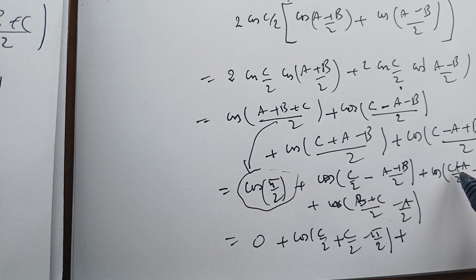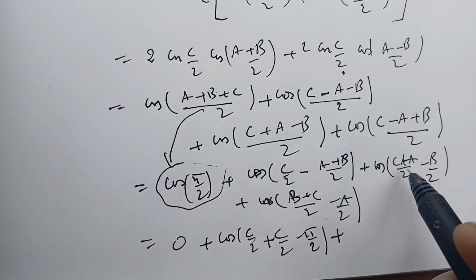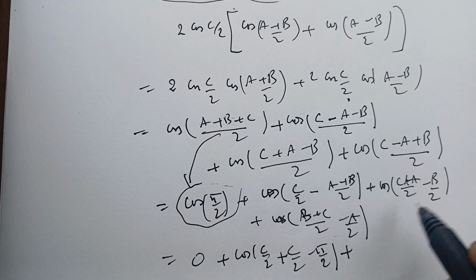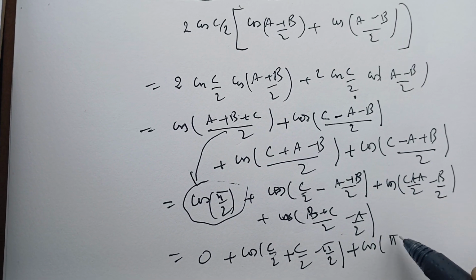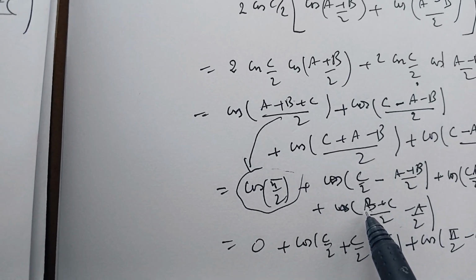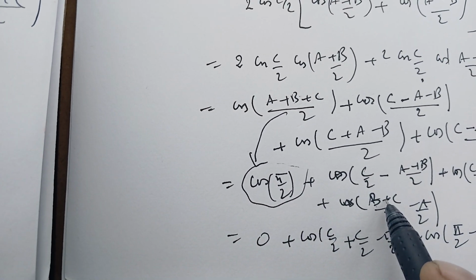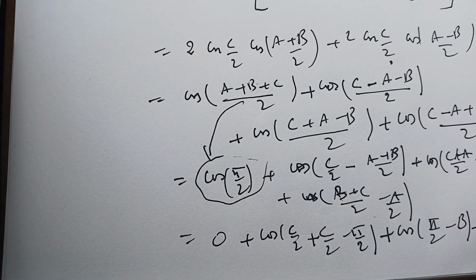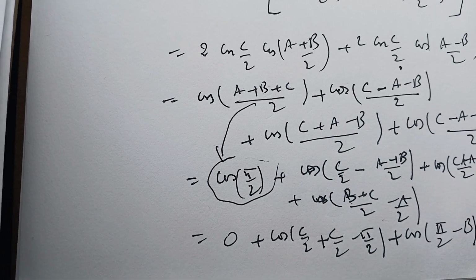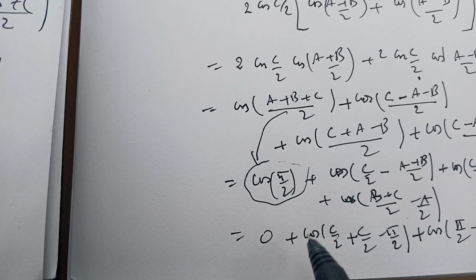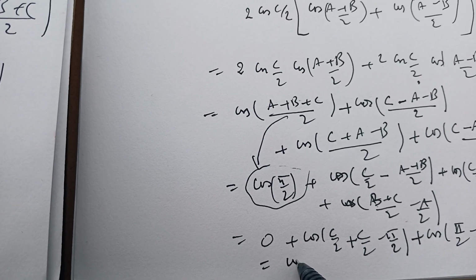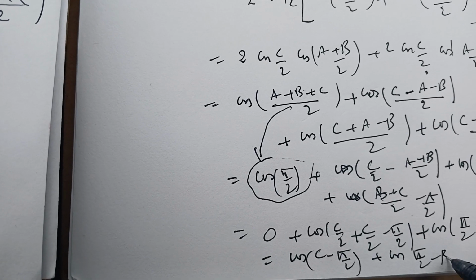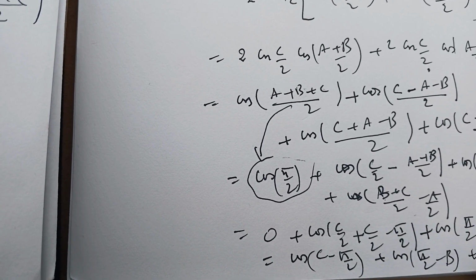The second one: C plus A over 2 is pi over 2 minus B over 2, so minus B over 2 gives cosine of pi over 2 minus B. The last one is pi over 2 minus A over 2 minus A over 2, which gives cosine of pi over 2 minus A. So this is cosine of C minus pi over 2 plus cosine of pi over 2 minus B plus cosine of pi over 2 minus A.